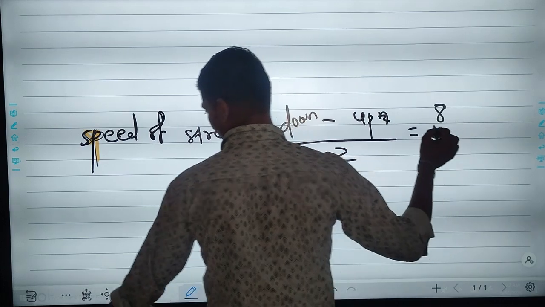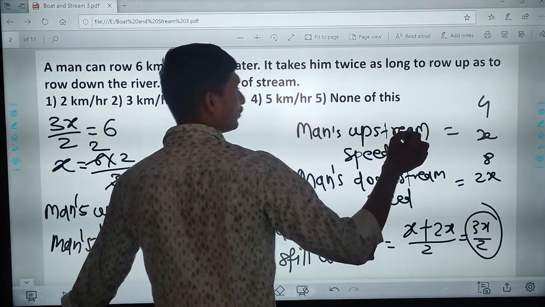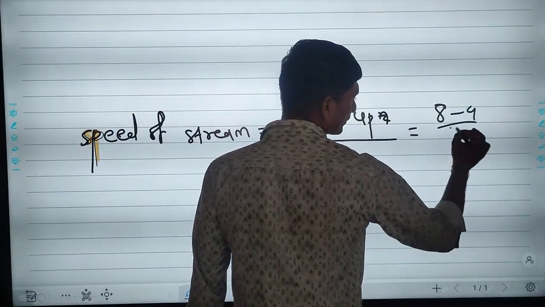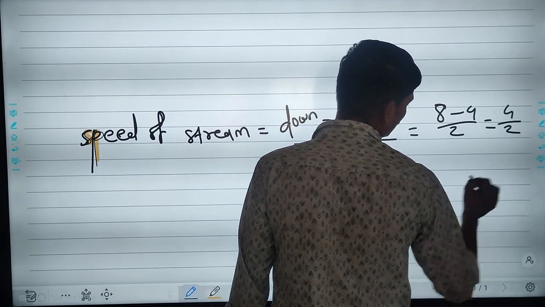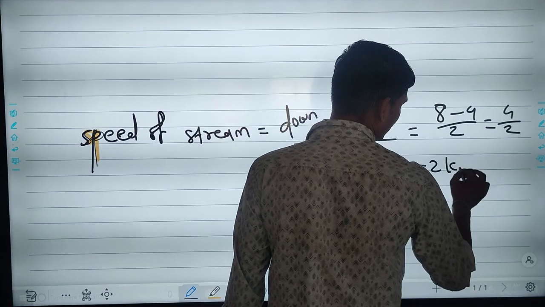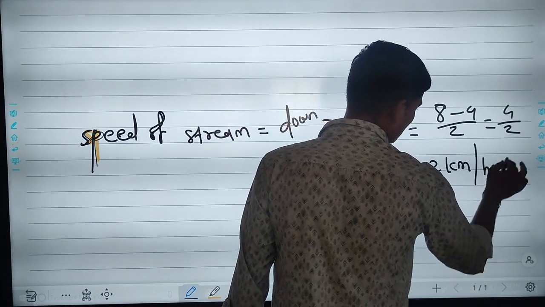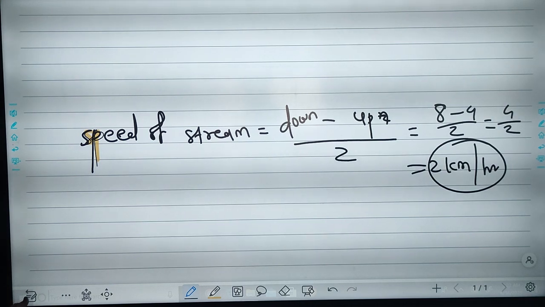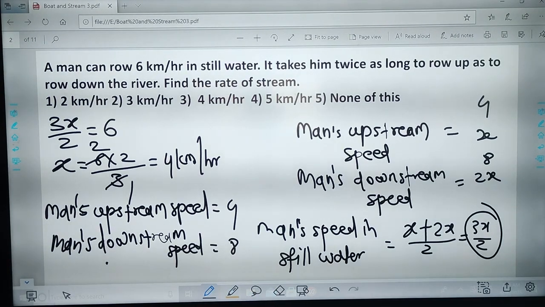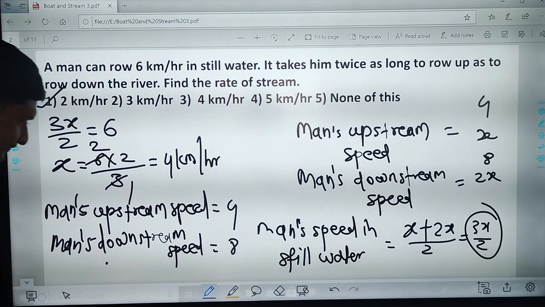Downstream speed is 8, upstream speed is 4, so 8 minus 4 is 4, divided by 2, which is 2 kilometer per hour. Then the speed of stream is 2 kilometer per hour.